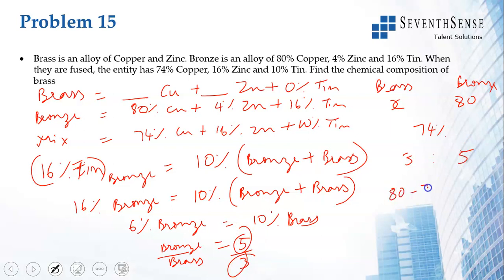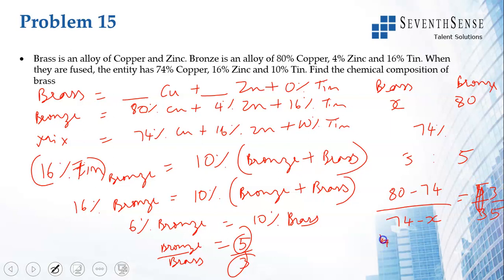So 80 minus 74 by 74 minus X is in the ratio 3 by 5.